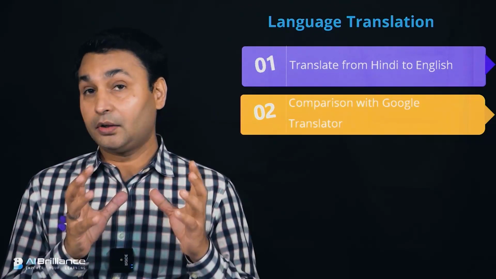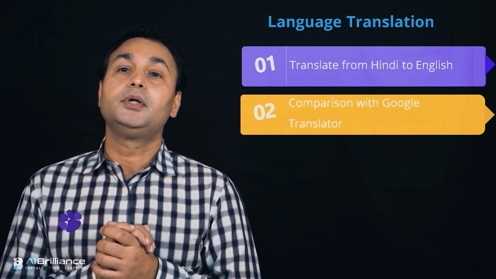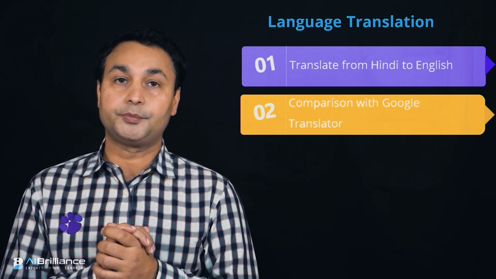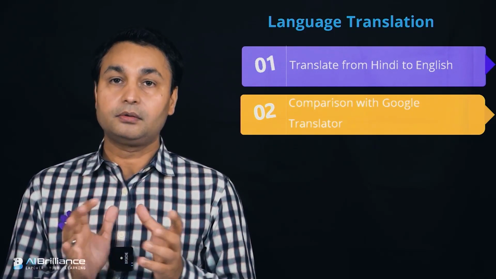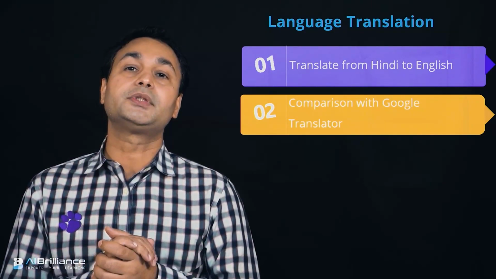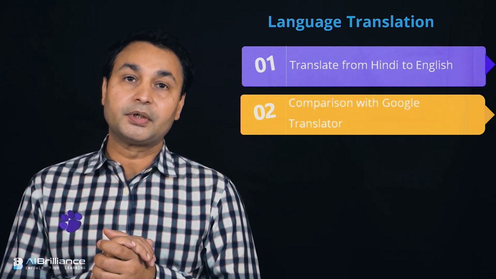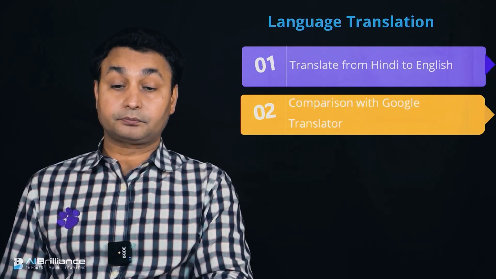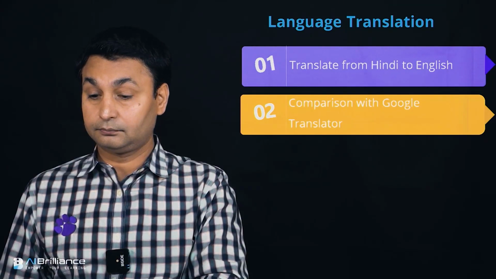In fact, I will point you to a research paper where there are more language translators that you can use for research purposes too. But generally what I will do is show you one of the state-of-the-art, widely used commercial solutions, which is the Google Translator that we have.